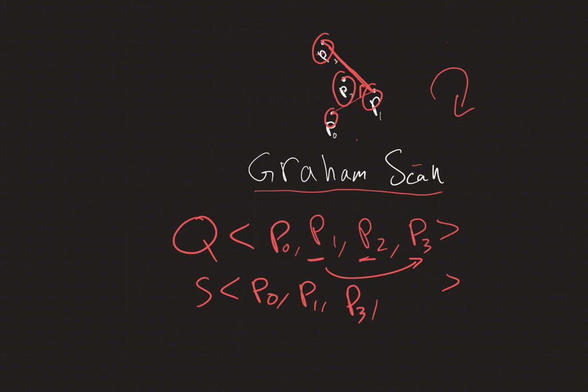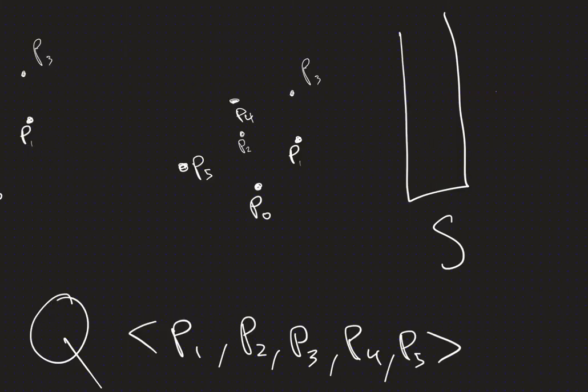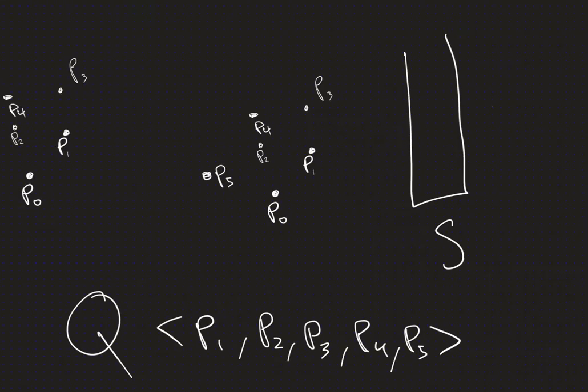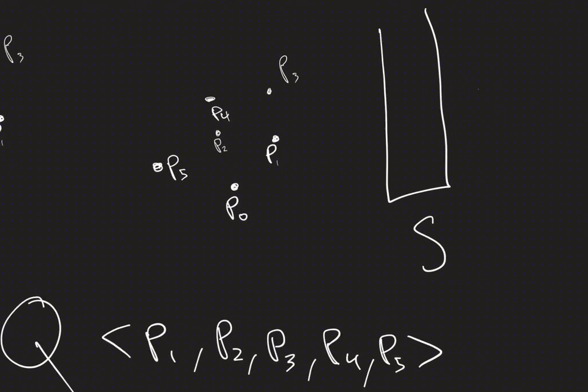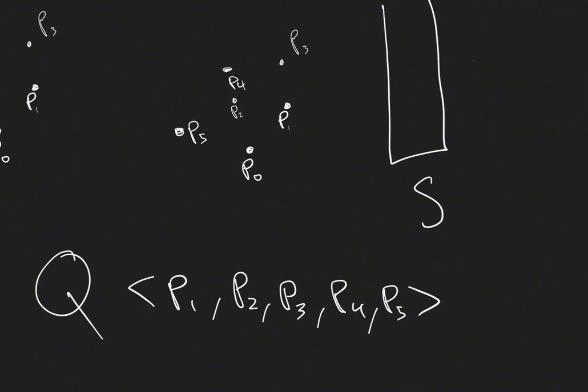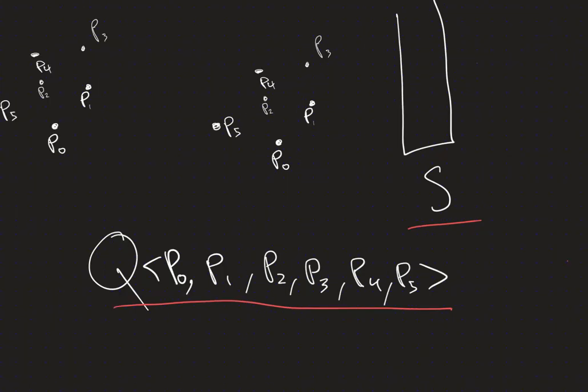And to make sure we understand it well, here is a harder problem. As you can see, we have our set over here, which has already been sorted for us, and we have our stack. I added P0 to the set because I forgot to add it.